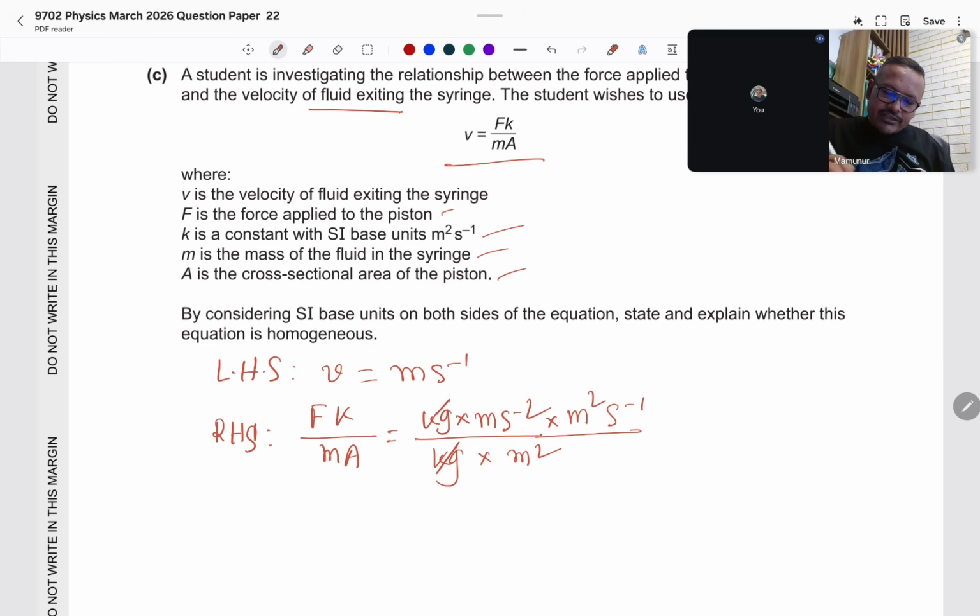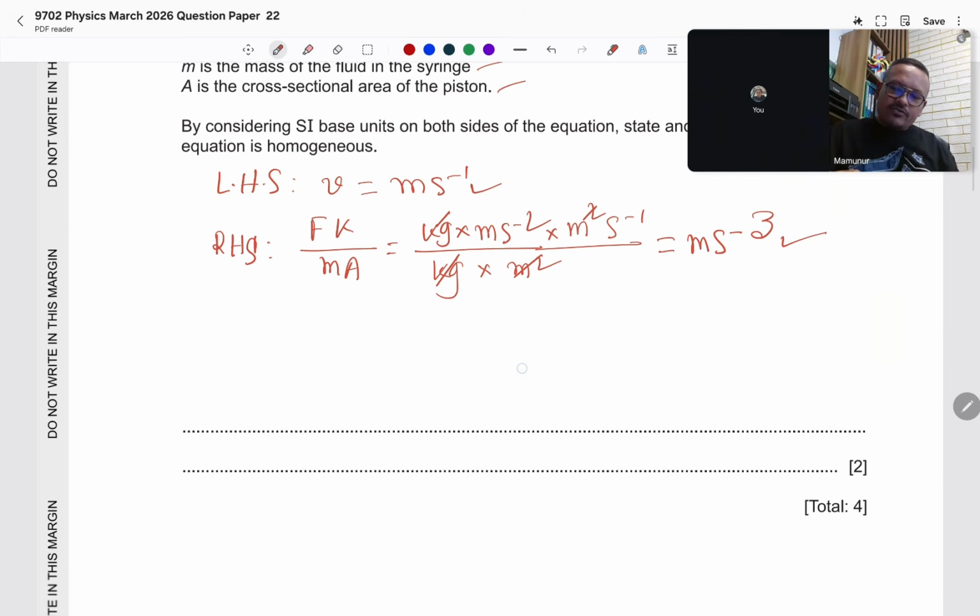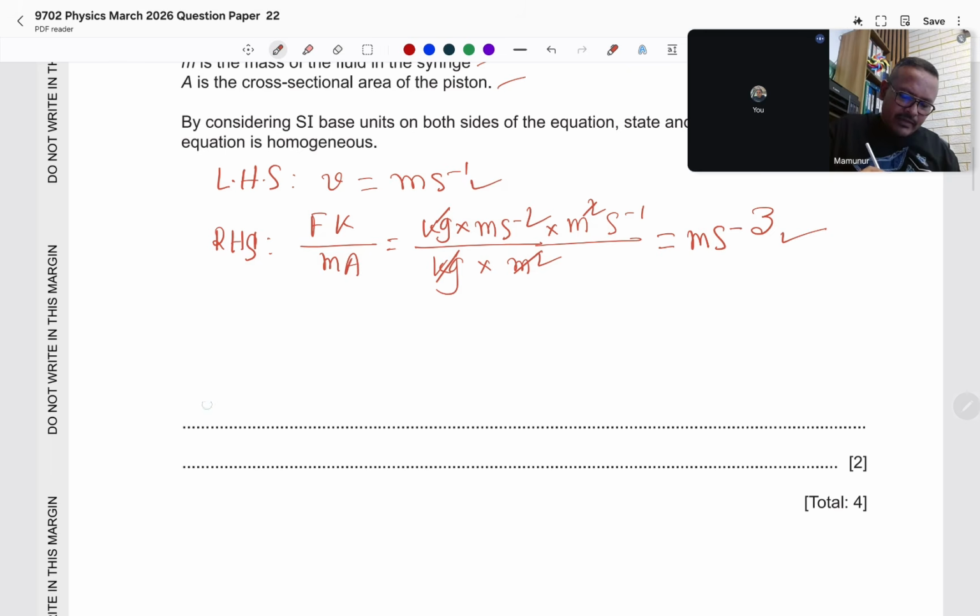So we can cancel kg, and the meter square, it forms m s to the power minus 3. So left hand side is meter per second, right hand side is meter per second cube, they are not the same. So what do we need to write here?